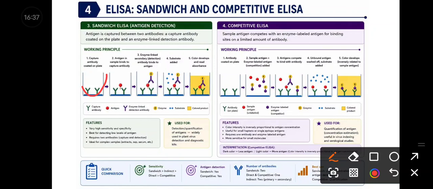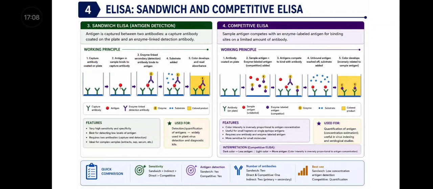and the primary antibody is not enzyme linked. Okay, after coating the primary antibody, then we will put the antigen, and then after reaction of antigen and primary antibody, we will add the secondary enzyme-linked antibody. Okay, so here also two antibodies are used, but the sequence is different.